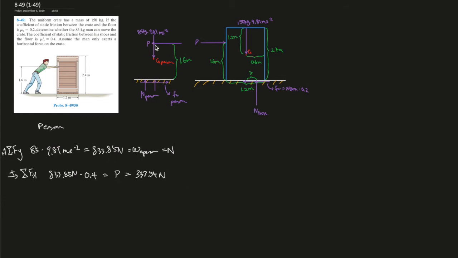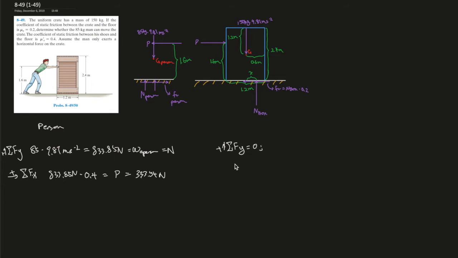All right. So now we have calculated what the person can push onto the crate, which is the big part for solving this problem. So over here, we can use the sum of the forces again in the y and x directions. Let's say the sum of the forces in the y direction in the box system over here, going upwards as the positive, equals 0.